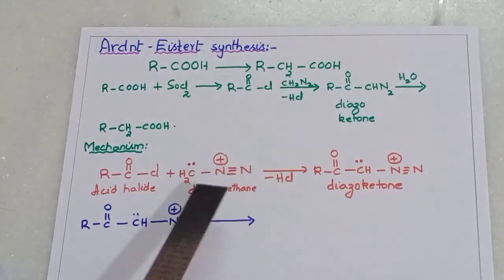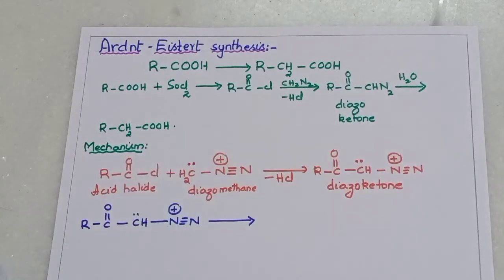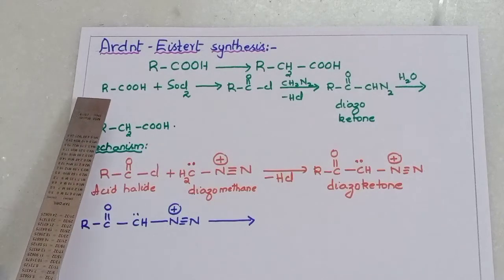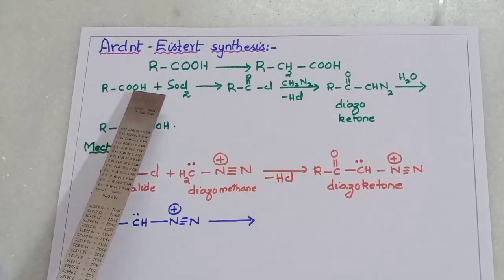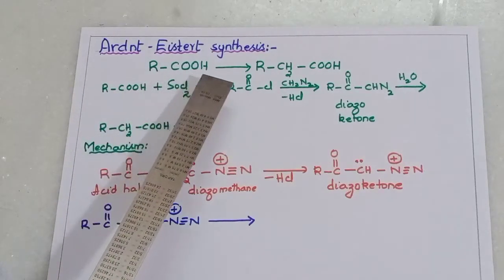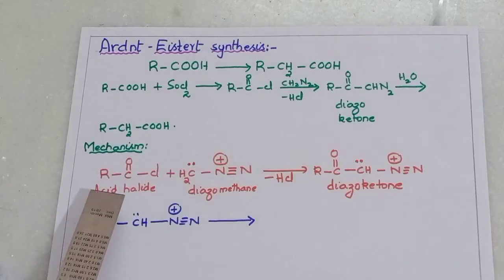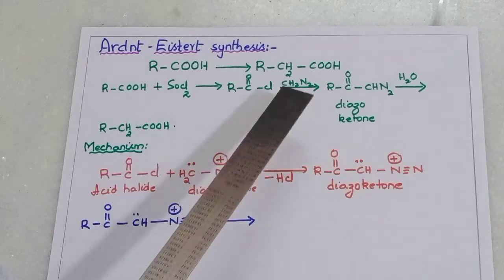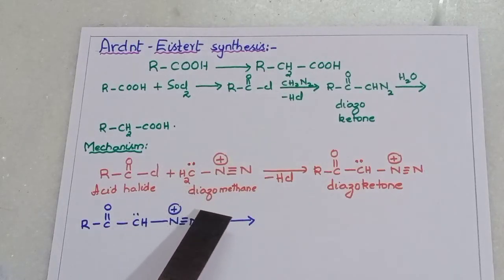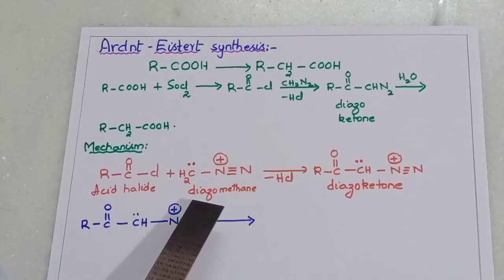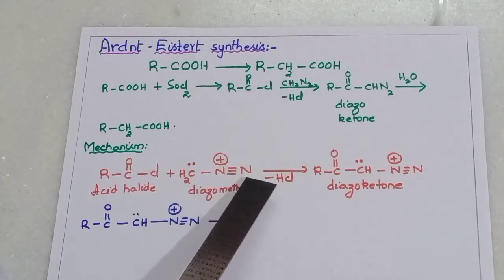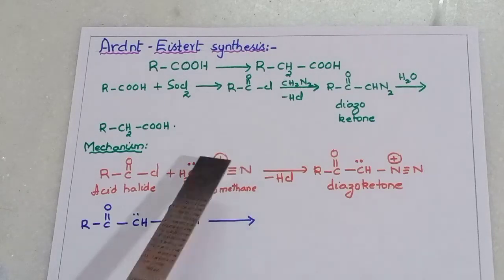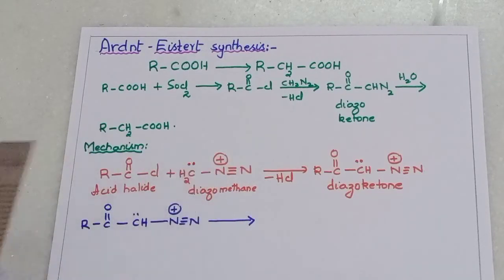This is the actual structure of diazomethane. The acid halide is formed from carboxylic acid plus thionyl chloride, so I started from here. Have you seen the structure of diazomethane? CH2N triple bond N, N has a positive charge and C has one pair of electrons.